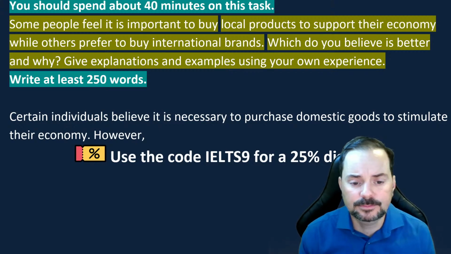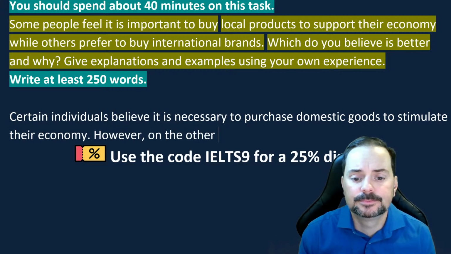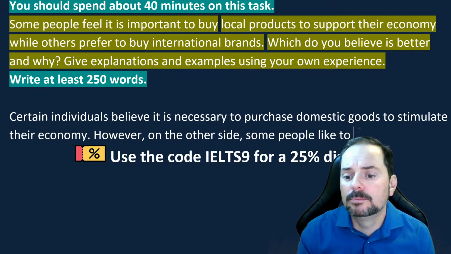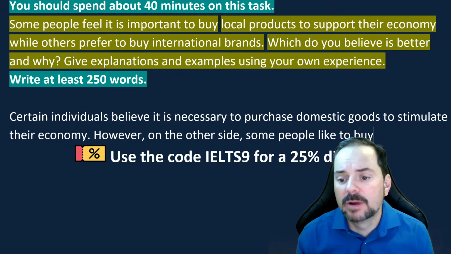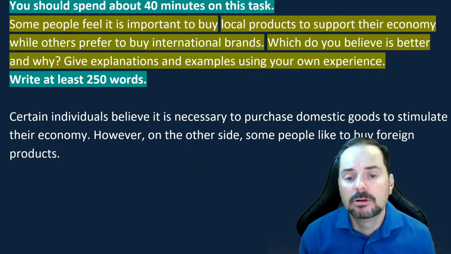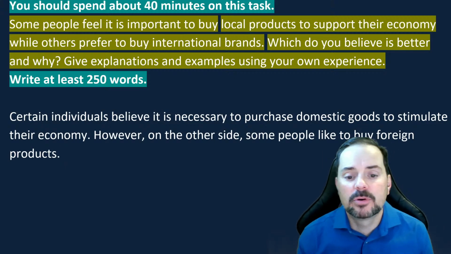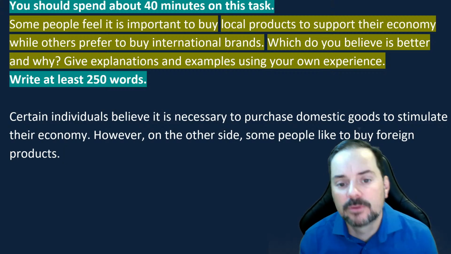However, on the other side, some people like to purchase or buy international brands, foreign products. Okay, so finding different ways to say local products or international brands: foreign products for international, domestic goods, okay, or imported goods would be a good one for international as well.